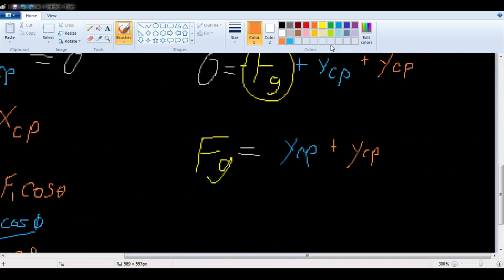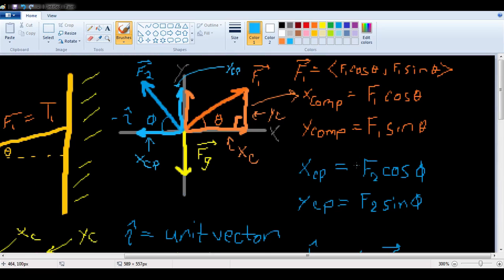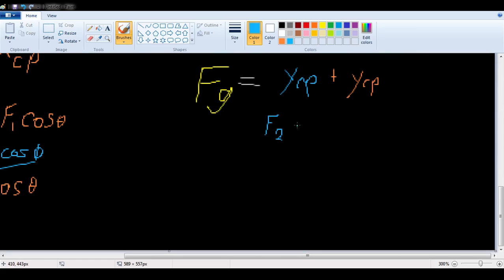And now I'll go ahead and add in my actual components here. So I have F2 sine of phi plus F1 sine of theta, and that's just going to be equal to whatever my magnitude is of g.